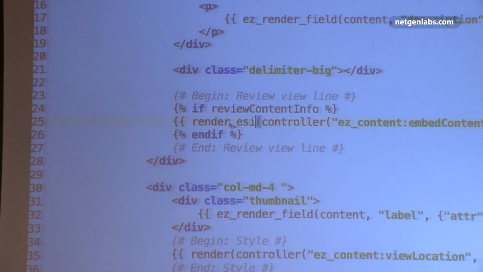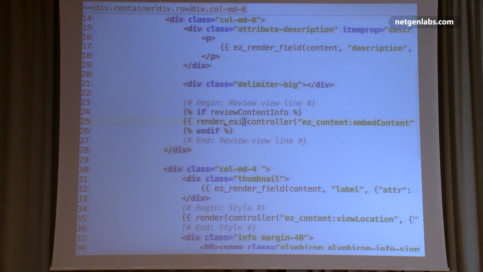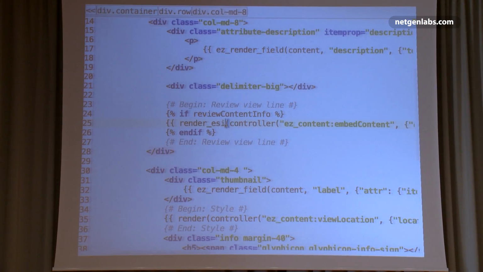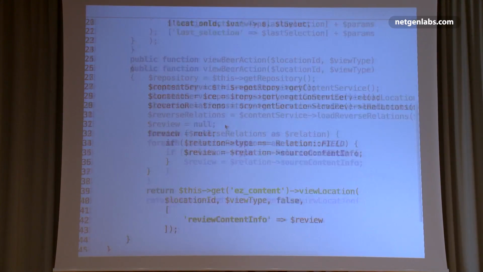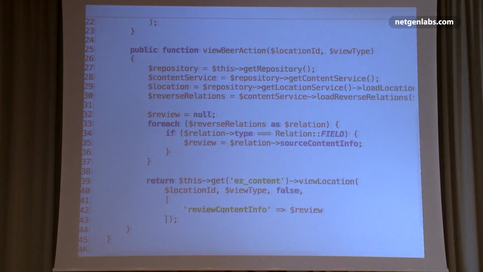And where is that embed content action defined? This is in our custom controller. Here we defined it. See, we use the repository, the content service to fetch the reverse relations. Or did you mean the controller that we call? Yeah, you said ez_content:embedAction.